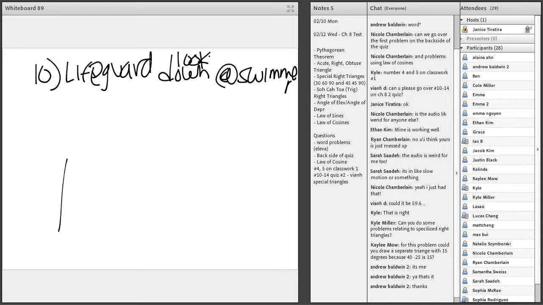Okay, so let's draw the lifeguard, right? So they're up here. So lifeguard, L. And then this is the pool, and this is the swimmer. It says the line of sight forms a 55-degree angle. Oh, and this is really specific with the horizontal line.